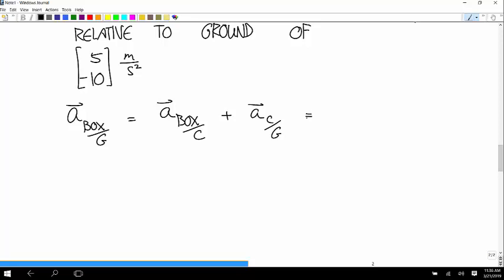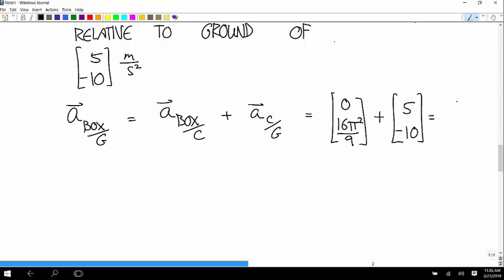And that would be equal to, so the box relative to the center is what we calculated, 0, and then 16 pi squared over 9. And the acceleration of the center relative to the ground is 5, -10. And so you get 5, 16 pi squared over 9 minus 10.